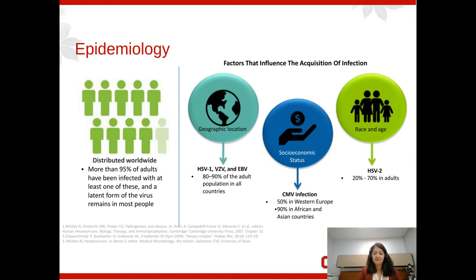With CMV, we see a socioeconomic pattern, where CMV is found in 50% of people in Western Europe and 90% in African and Asian countries. With HSV type 2, it ranges from 20 to 70%, based on race and age. Women have more propensity to get HSV2, and in terms of race, non-Caucasian blacks show higher prevalence of HSV2.